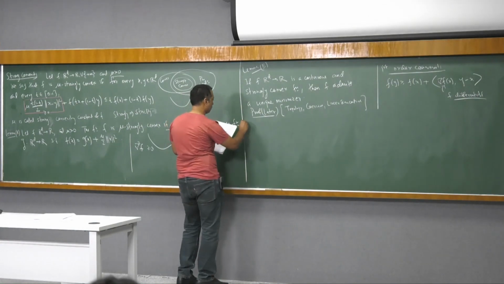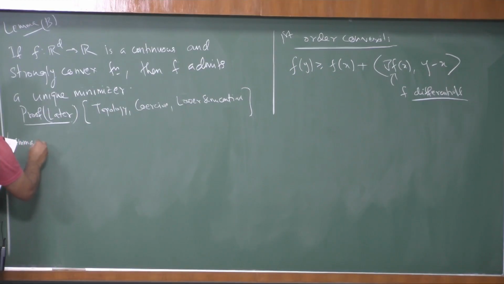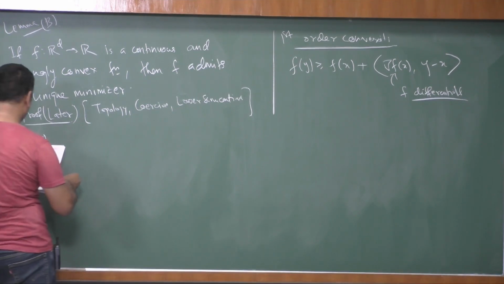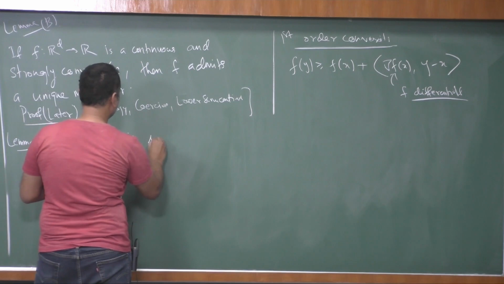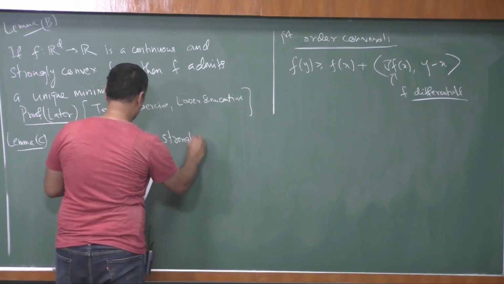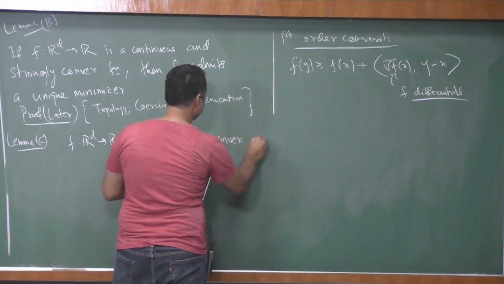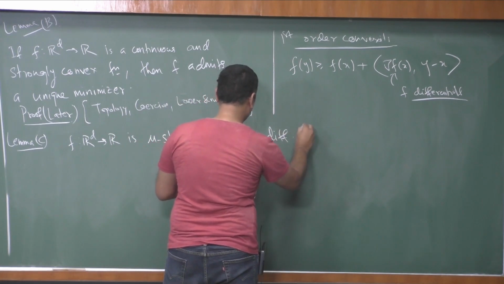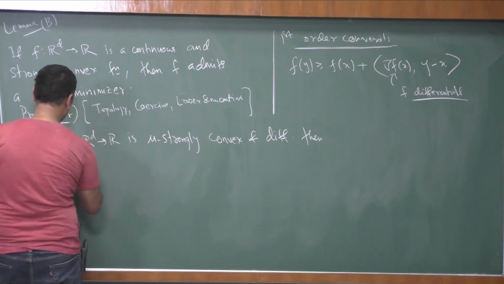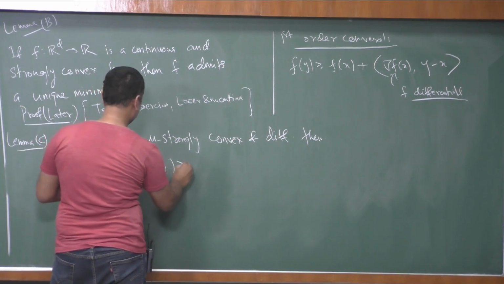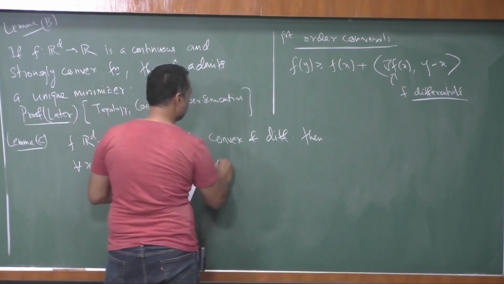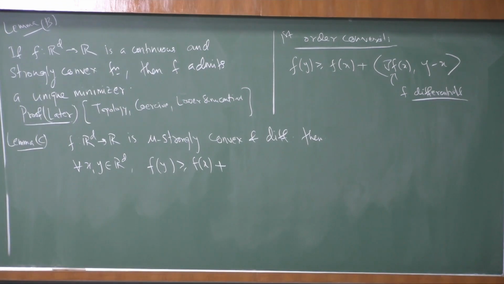Okay, so then we have lemma C, which says that if f from R^d to R is mu strongly convex and differentiable, then for all x and y, f(y) is greater than or equal to f(x). So we are trying to extend this first order condition, but then again we have a leverage that we will have one more term, right?